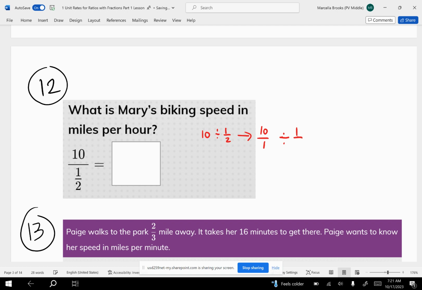And then we keep, we change, we flip. So that would be 20 over 1 or 20. So your answer is going to be 20 miles per hour.